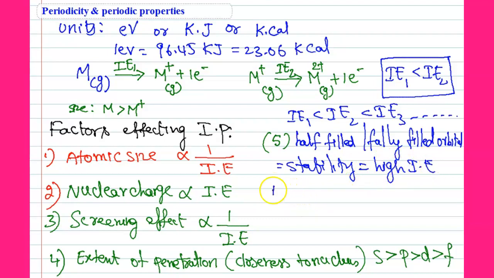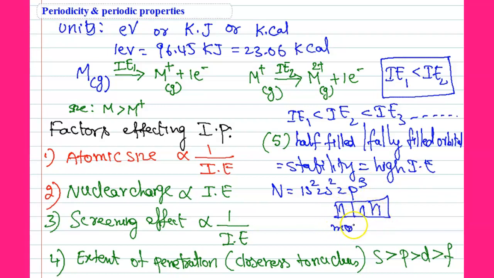For example, in nitrogen, 1s2, 2s2, 2p3. 2p3 means half filled, students.